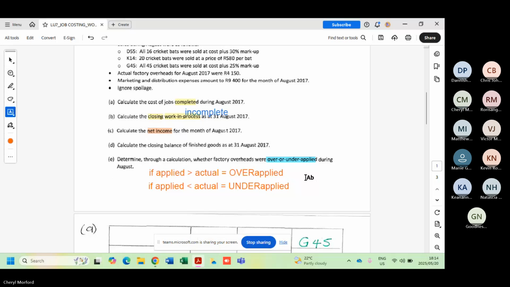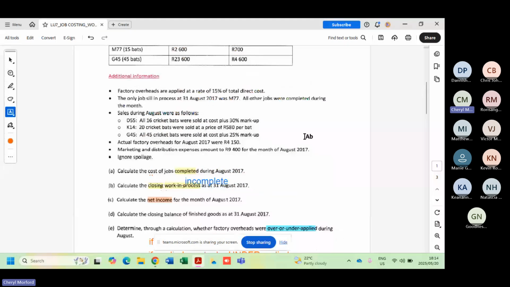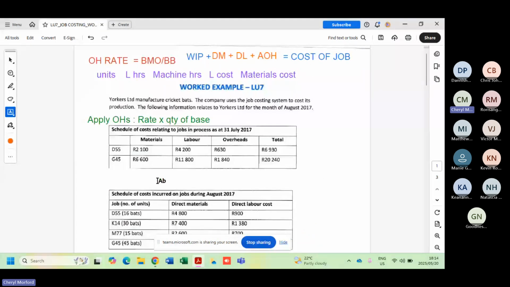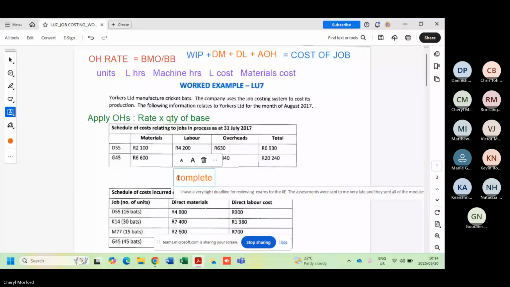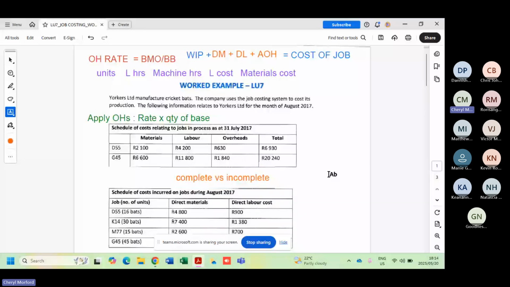Okay. So when we get a question like this, it's very important that we take special note of how many jobs there are, and we've got to sort the jobs into those ones that are complete versus incomplete. So that would be some notes that you would make for yourself.